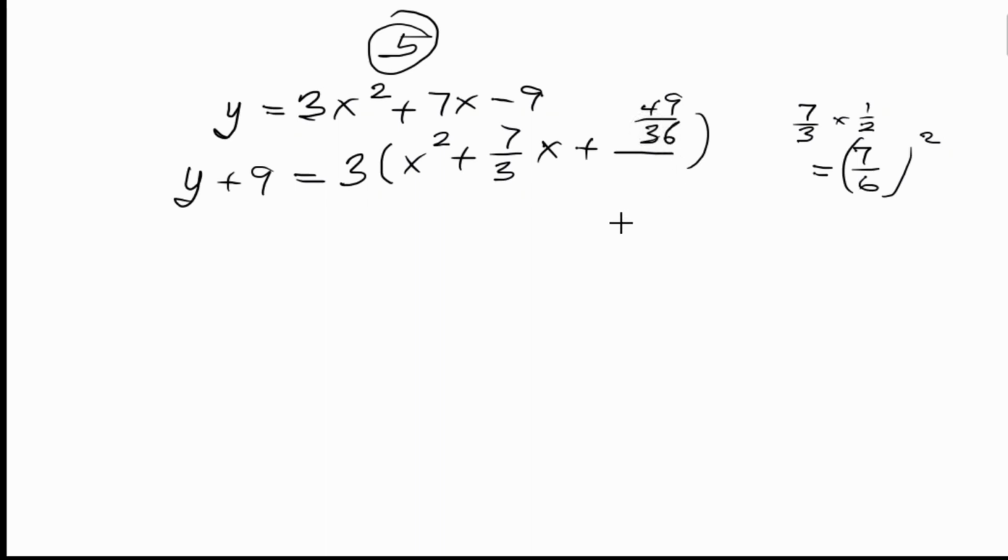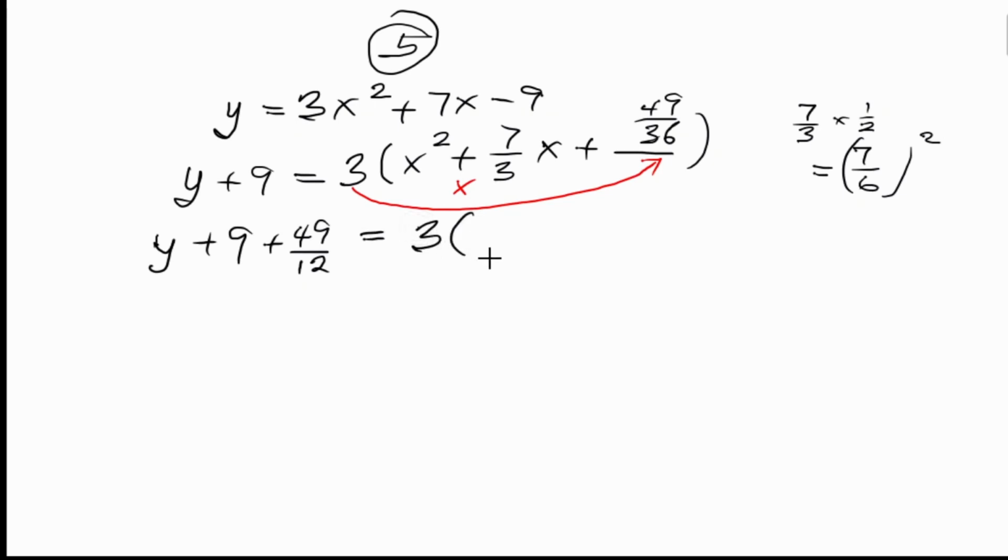And now, you know that is not the end. We now multiply that by this, and then we add it to the left side, and that gives us y plus 9. This times 3 will give us plus 49 over 12, because the 3 multiplying this can divide the 36, so we don't need to multiply the 49 by the 3, and that is what gives us the 12. And that will be equal to 3 parentheses x plus the half, which gives us 7 over 6 all squared.